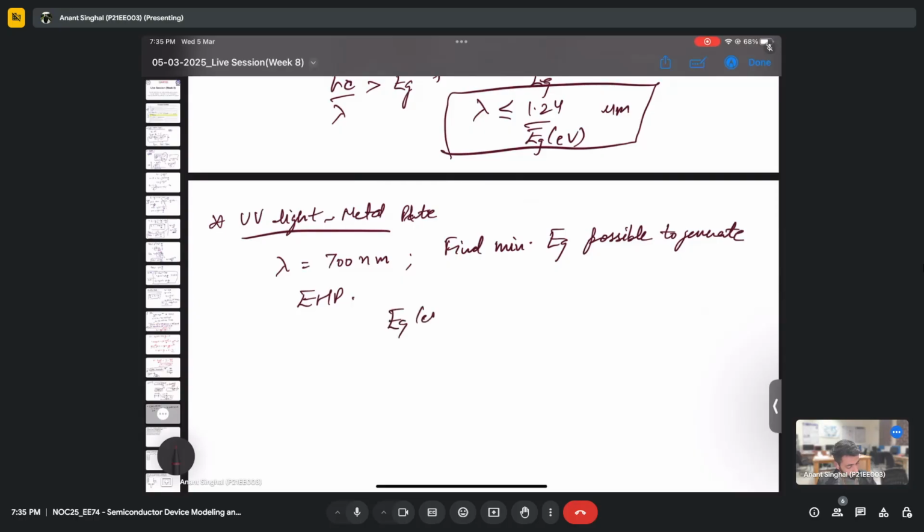Yeah, so it will be something like 1.24 by 0.7 in micrometer. So this will be 1.772 electron volt. This should be the band gap to have the generation of electron hole pairs.